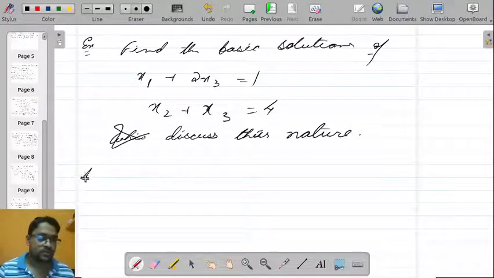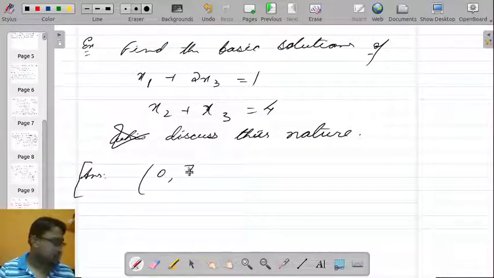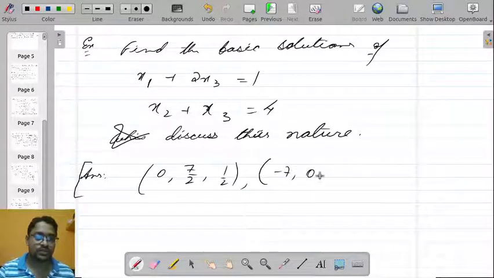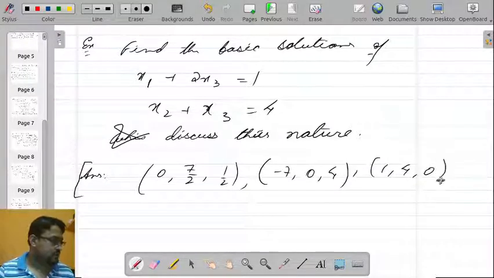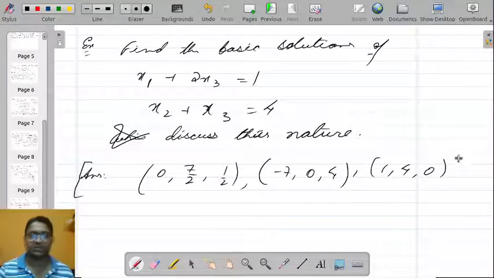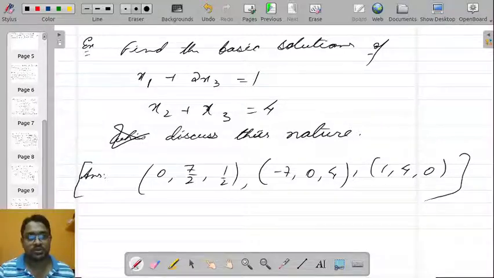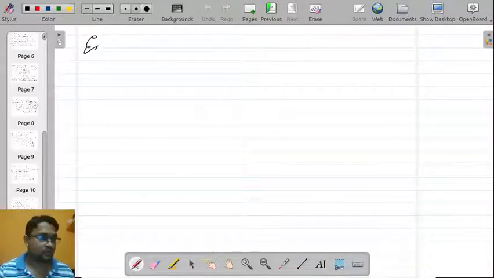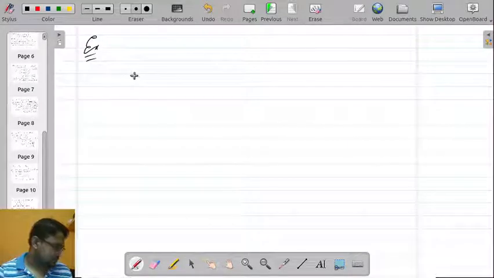Let me provide the answers so that you can verify. One solution is 0, 7 by 2, 1 by 2. Another solution is minus 7, 0, 4. Another is 1, 4, 0. So you can try it out for yourself and match with the answers.